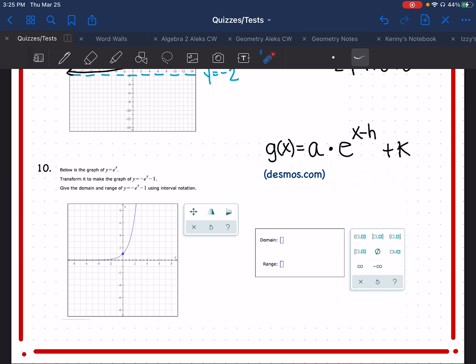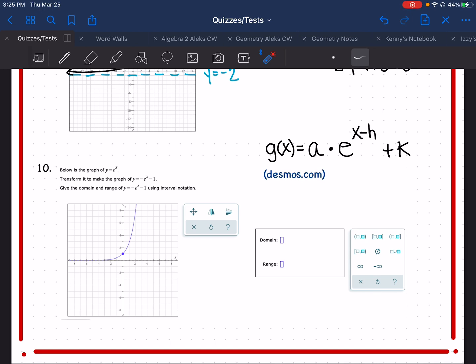So what you want to notice is a couple of things. Is there a number here in the H position? Is there a number here in the K position? And is this negative in front of the E? Is this a negative? And then you want to check right here in front of X, is it negative? These things are going to tell you what to do, okay?